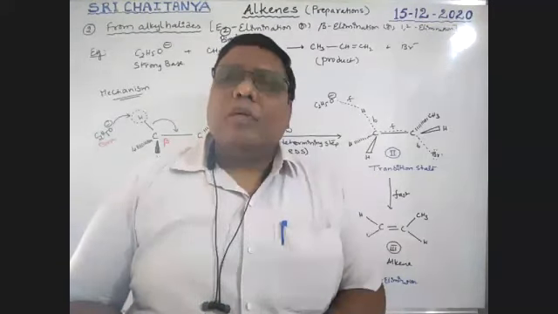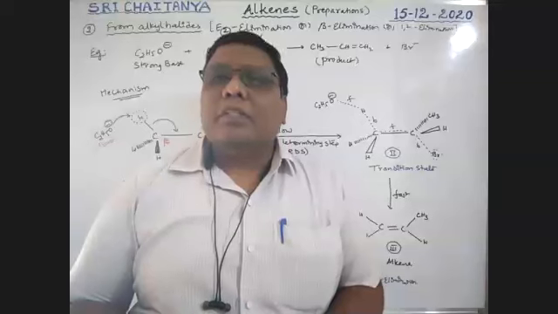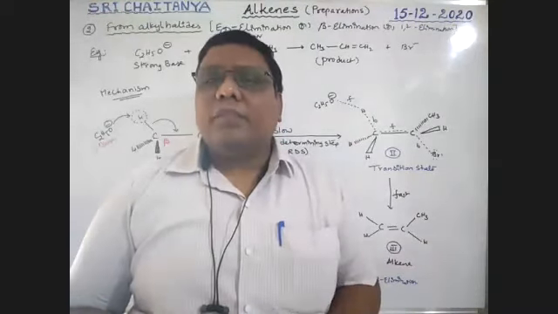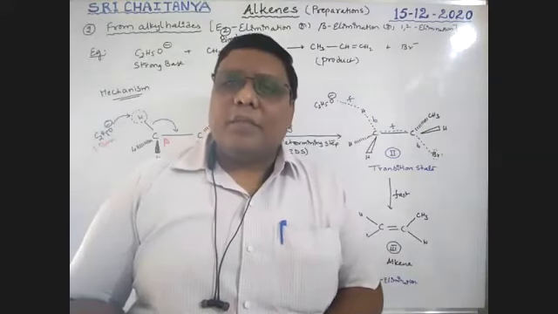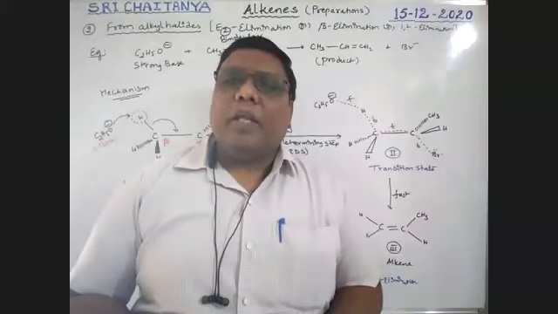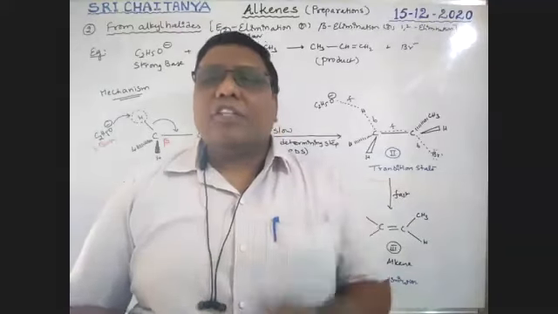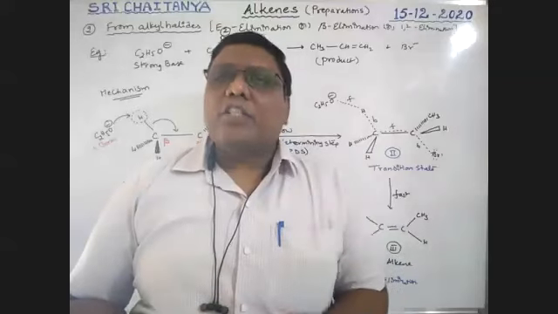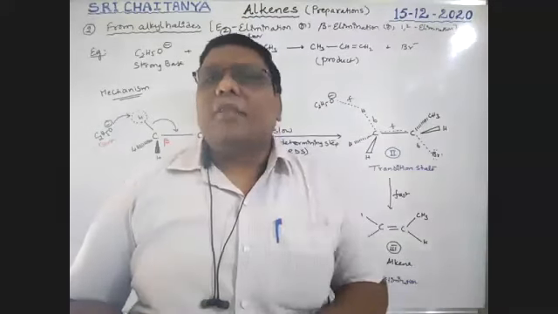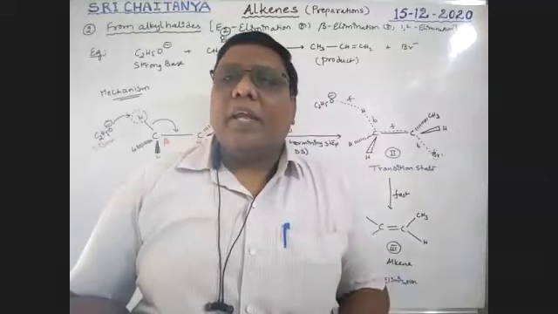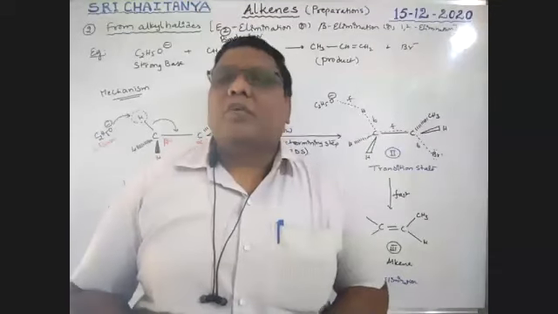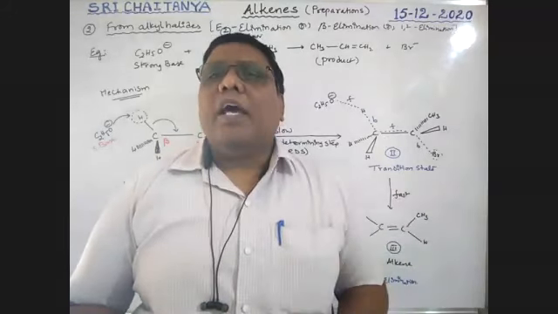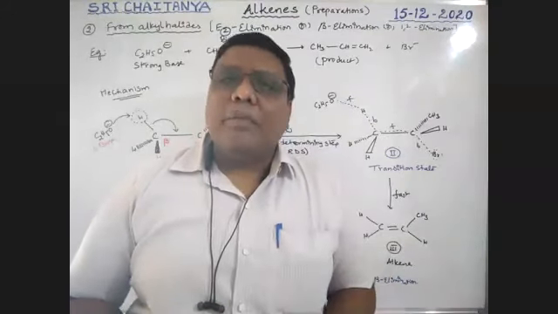The rate determining step is the slowest step of the reaction mechanism, which decides the speed of the reaction. So in that slowest step, the number of reactants participating is called molecularity. Here molecularity is 2. That is why it is called a bimolecular reaction.